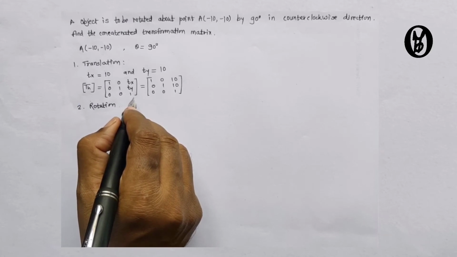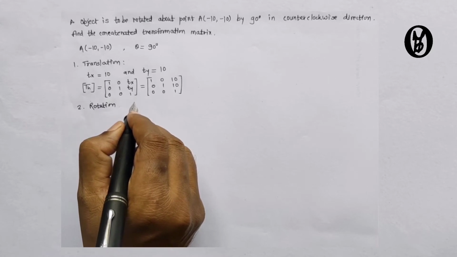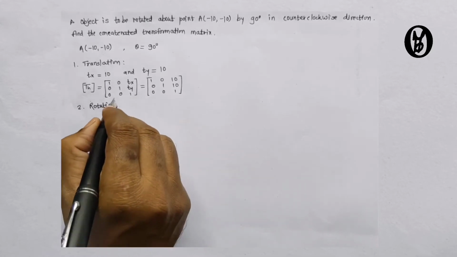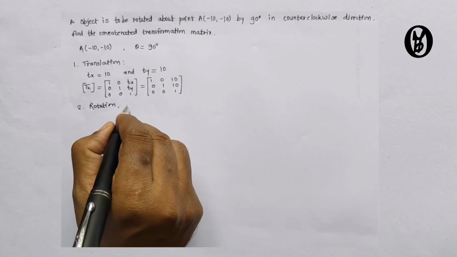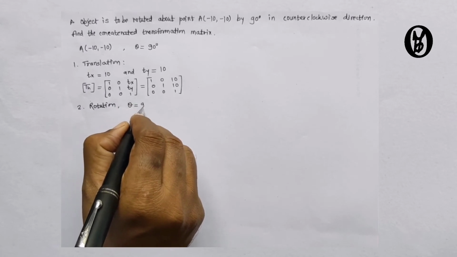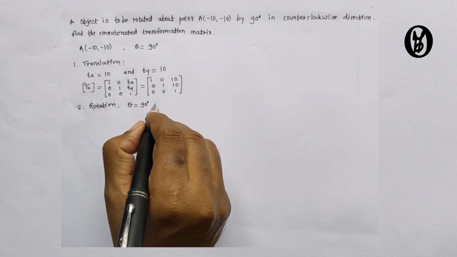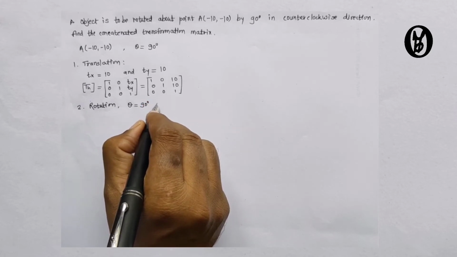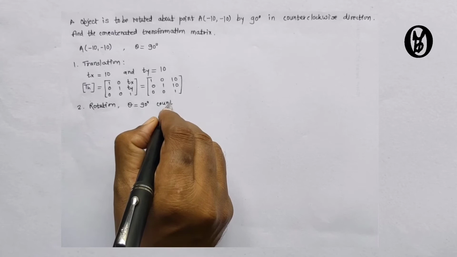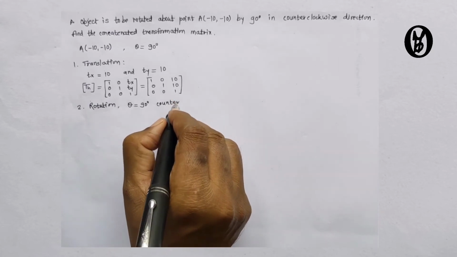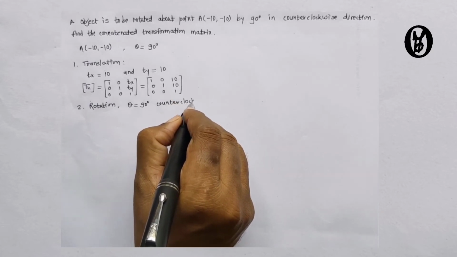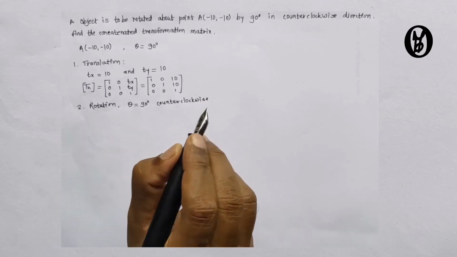For rotation, theta equals 90 degrees, and the direction of rotation is counterclockwise, so theta will be positive for the calculation.